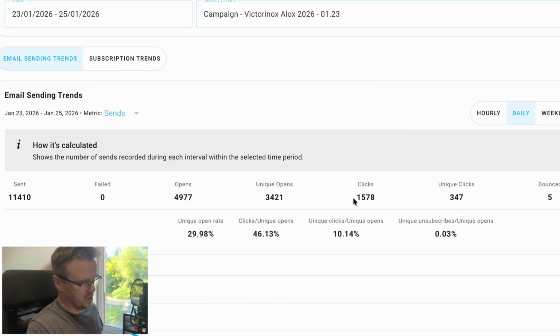We see that they have quite many clicks, but a little bit fewer unique clicks. If one person clicks on multiple links, then it counts multiple times, but it counts as 1 unique click because that's one person who clicked on any kind of link.